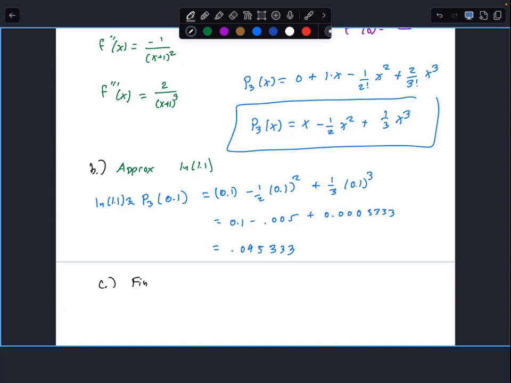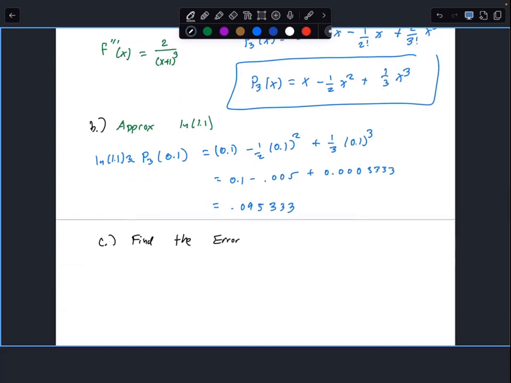Find the error. And the error in a Taylor polynomial is defined as the absolute value of f of b minus the Taylor polynomial at, I want to be careful here.